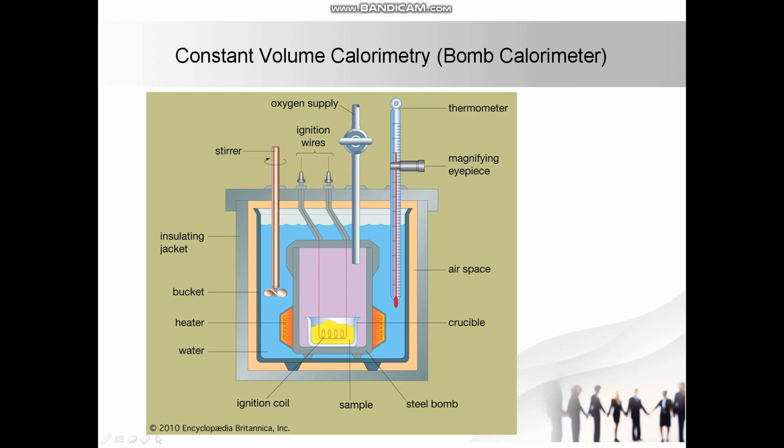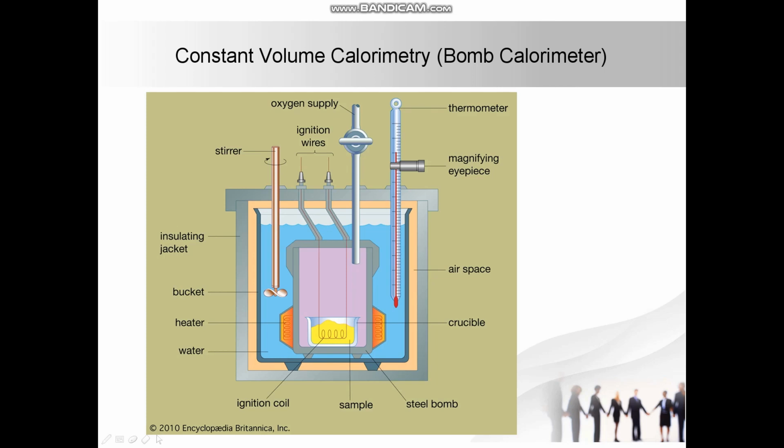To help the heat transfer, there is a stirrer which increases the overall heat transfer coefficient, and whatever heat is liberated by this material is transferred to this water. The water rises in temperature, and the rise in temperature is measured by a thermometer.